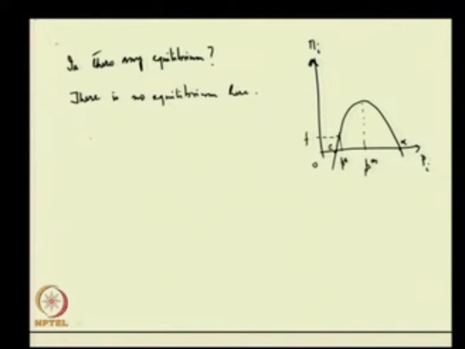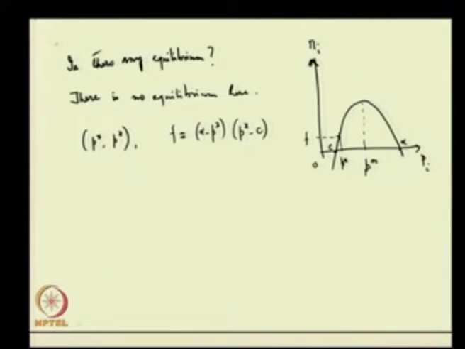What could have been the probable candidate for equilibrium? For example, P star could have been a probable candidate, because we know that F is equal to alpha minus P star minus c. At P star, the total profit is 0. So, this must hold: the fixed cost is equal to the profit from the variable cost component.